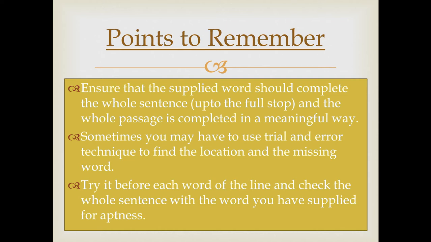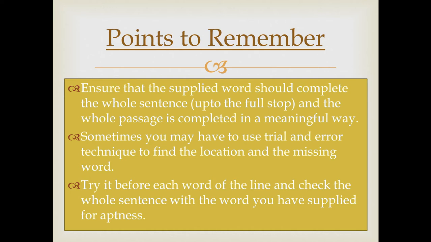Okay, so what you have to do is try it before each word of the line, right? Whenever you read the line, find the location, try a word there, and check the whole sentence with the word. See that it is appropriate, everything is perfect, it is making sense, and the whole paragraph looks meaningful.